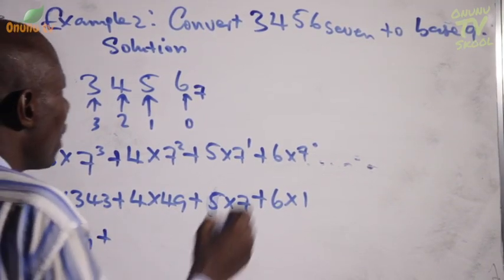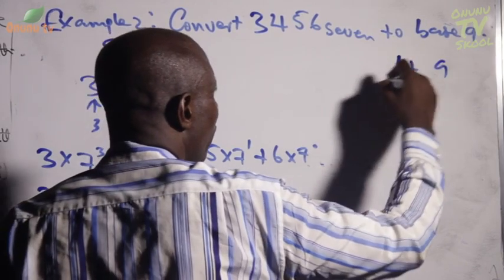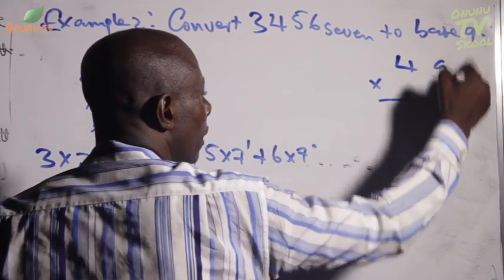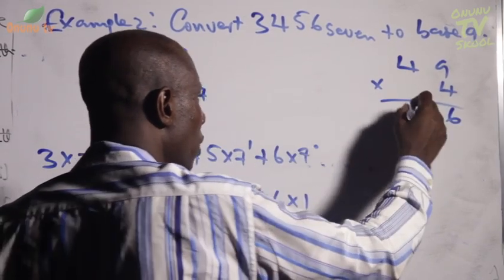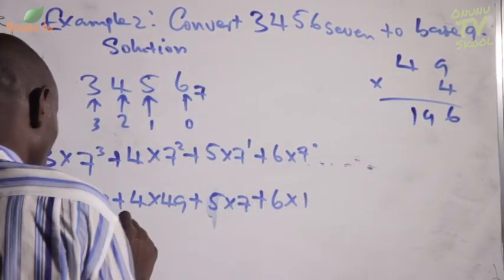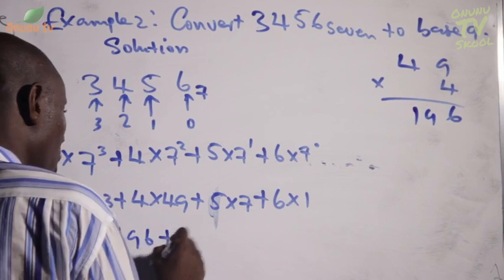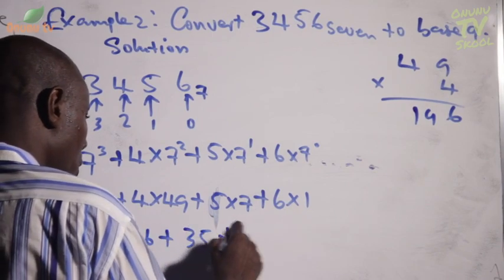Plus 49 times 4. 9 times 4 is 36, write 6 carry 3. 4 times 4 is 16 plus 3 is 19. We have 196. Then 196 plus 35, which is 5 times 7, and 6.